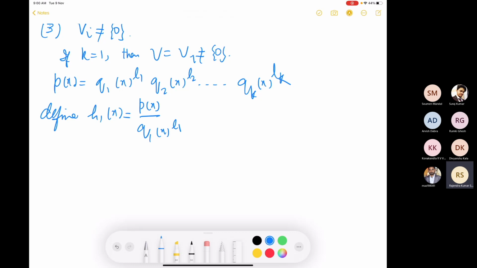So hj(x) will be this: all the factors will be there, for j equal to 1 to k, only qj(x) power Lj will not be.